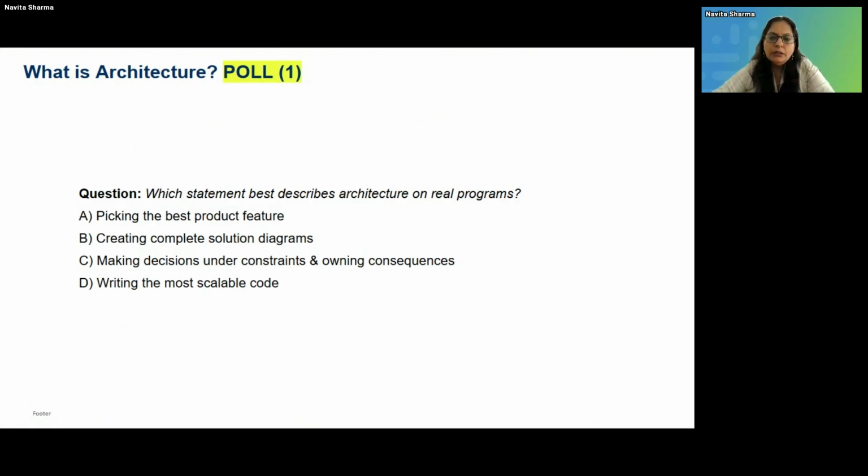Is it about creating a complete set of solution diagrams? Is it about making decisions under constraints and owning consequences, or is it writing the most scalable code? So what do you think, according to you, an architect or an architecture stream should do in a real-life program? We are having answers coming over the chat. You can see most of the answers. Most of the answers are C, or I can say almost.